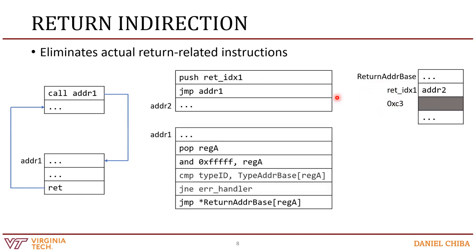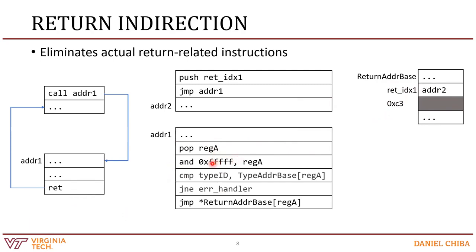And then instead of the ret instruction over here, there's a series of 5 instructions. First, we would pop the top of the stack, which in this case would be the return index, right? Store that in some register. This AND instruction here is actually to limit the range.